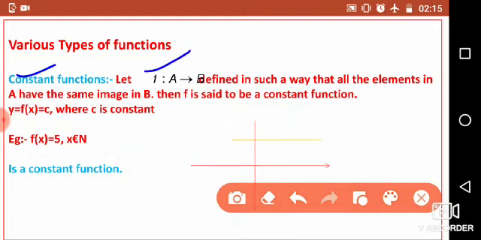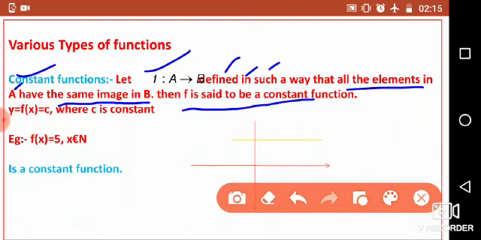Let f from A to B be defined in such a way that all the elements in A have the same image in set B. Then it is said to be a constant function, and it is denoted by f of x is equal to c, where c is a constant.